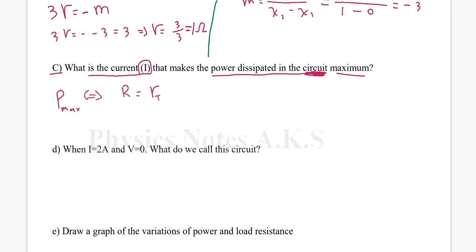This means that the current, which I know from before, is electromotive force over external plus internal. In this case the external is going to be RT, which is total, so I equals E over internal plus internal. Again, it's the total and the total.